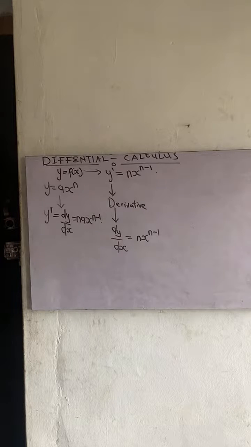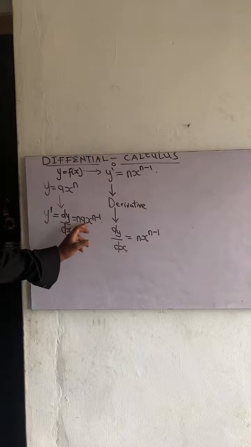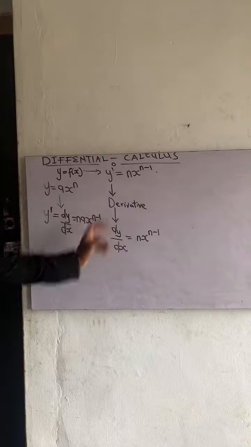Whenever we are dealing with differentiation from the first principle, we are to be using this general formula, which is anx raised to power n minus 1.